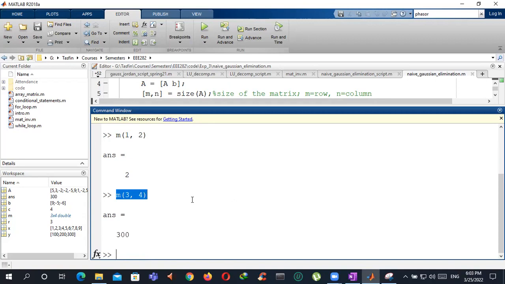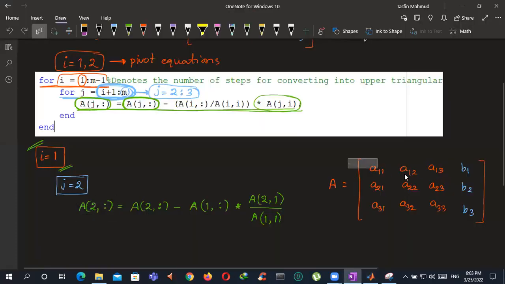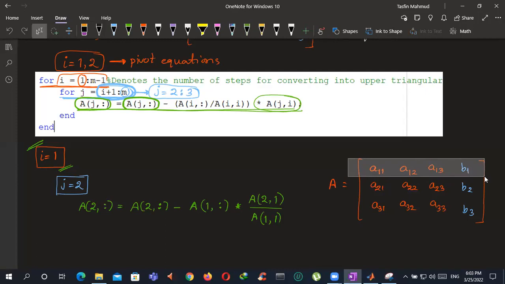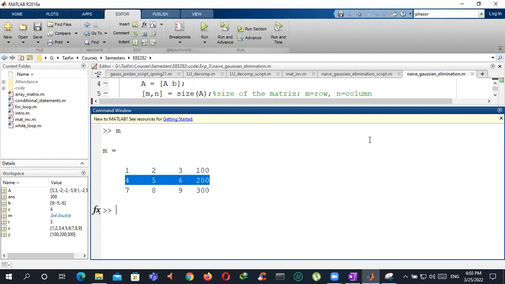What would be the case if I want to access this whole row, because this is our first equation now? Our target is to access this whole row because this is the pivot equation. Let's assume this is our M matrix and I want to access the whole second row.